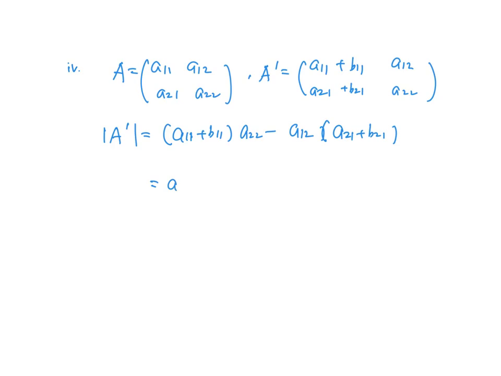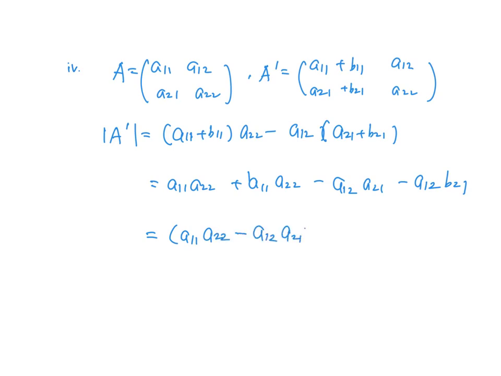So it is A11, A22 plus B11, A22 minus A12, A21 minus A12, B21. So it is A11, A22 minus A12, A21 plus B11, A22 minus A12, B21.